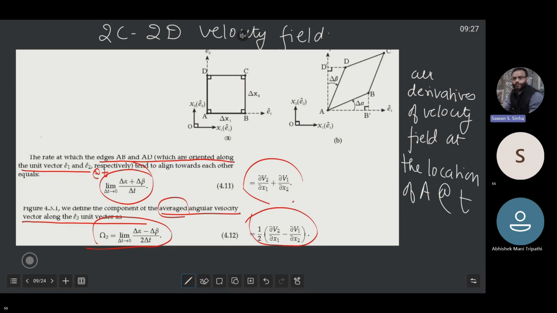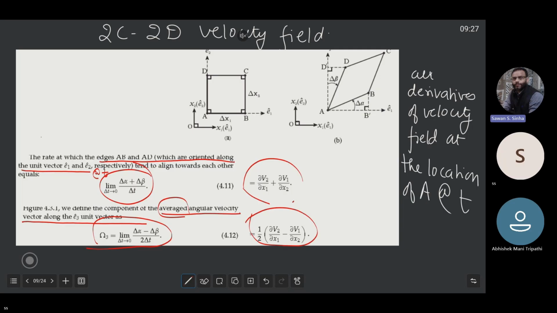You take any line segment on this rigid body and try to see the rate at which its orientation is changing with respect to the coordinate system which is fixed to the frame. This is how angular velocity was defined: the rate at which a line segment is changing its direction or orientation. That was the angular velocity of a rigid body.